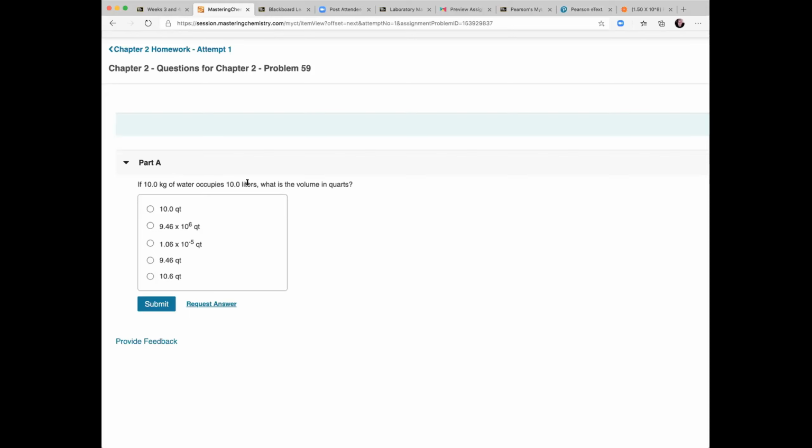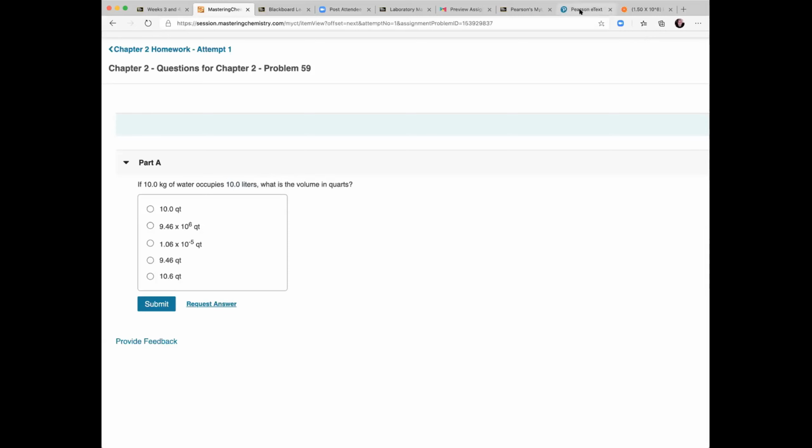The real question is, what is the volume in quarts? Well, this is not volume. This is volume. In other words, I can get rid of that part of the question and just say, what is 10 liters in quarts? That's the new question. What's the volume of 10 liters in quarts? So a little tricky there.